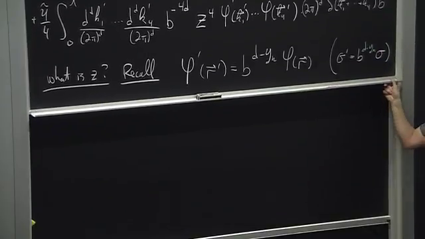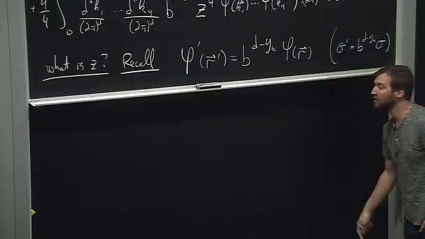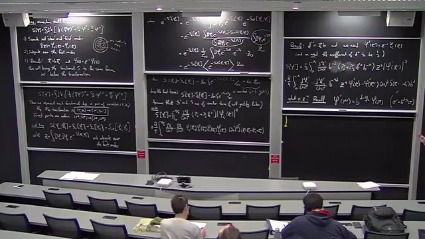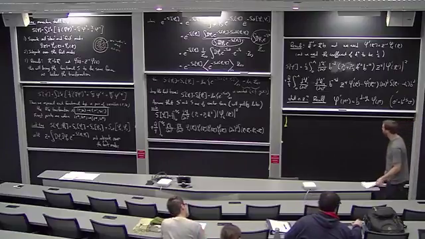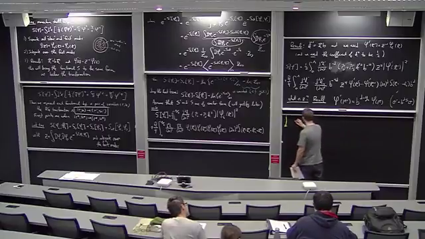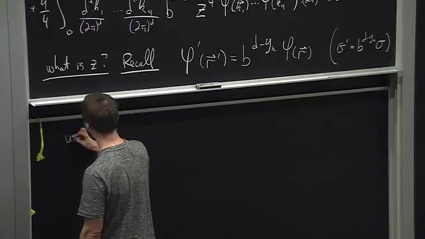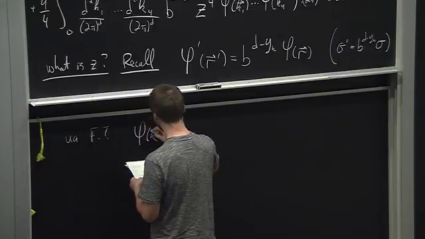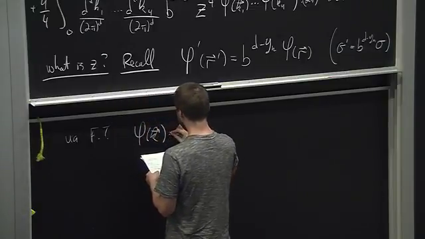Now we're talking about fields. So I just want to Fourier transform the field. So it's just basically the definition of phi k.